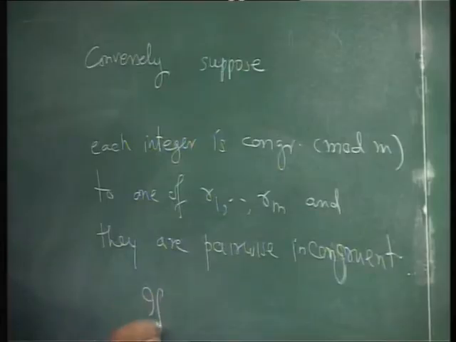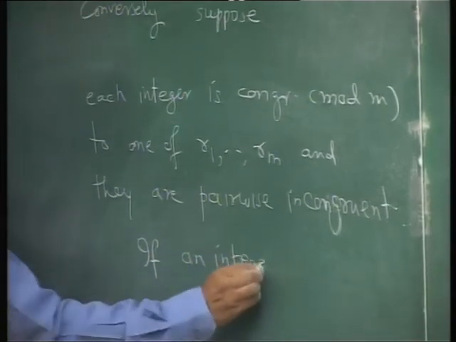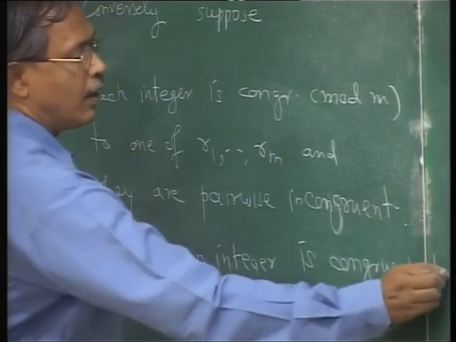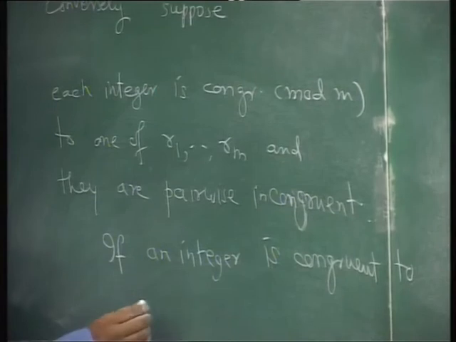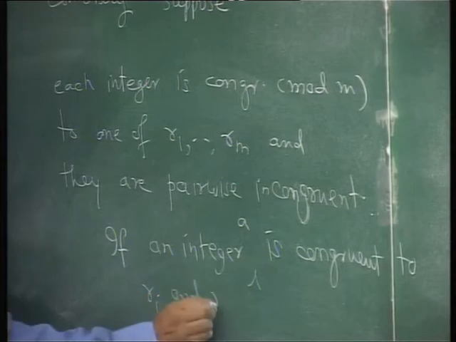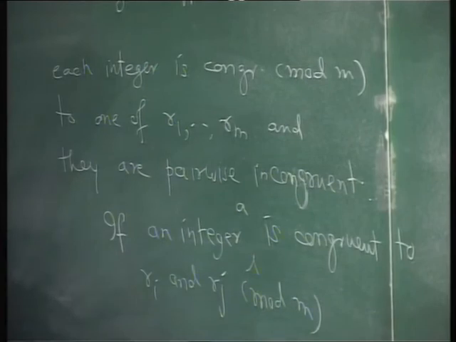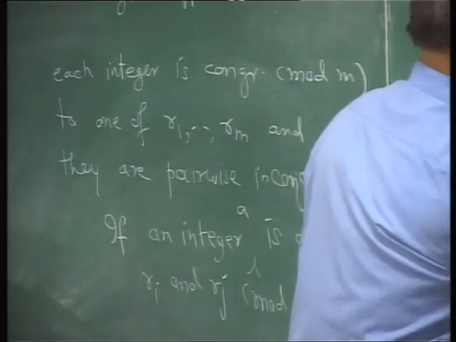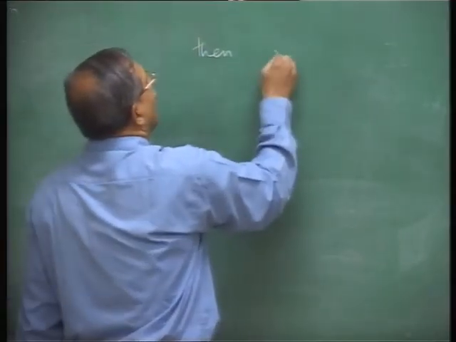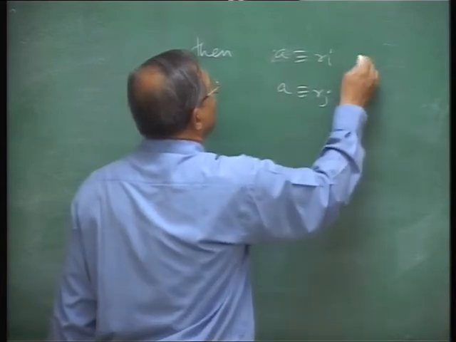Let us suppose that an integer a is congruent to Ri and Rj mod m. Then a is congruent to Ri, a congruent to Rj mod m.